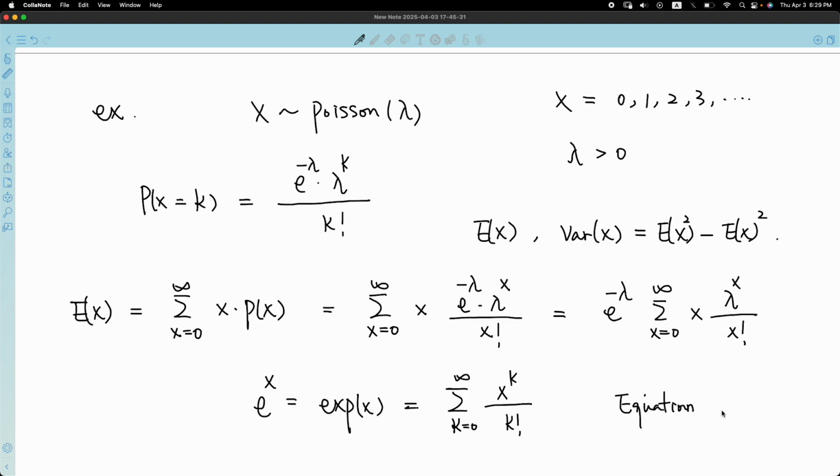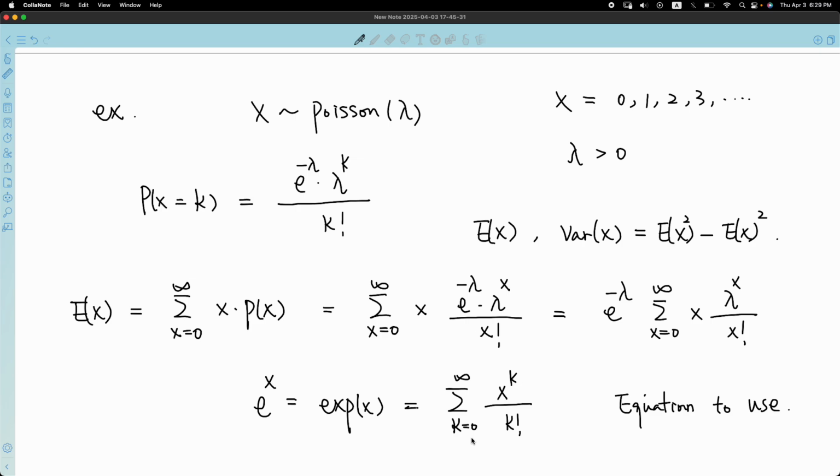So this is the equation that we know, that e to the x is equal to an infinite sum. And then you can see that the thing we want to evaluate has something that looks like this equation. So we are going to replace this summation with that to ease our calculation. That will be our strategy here.